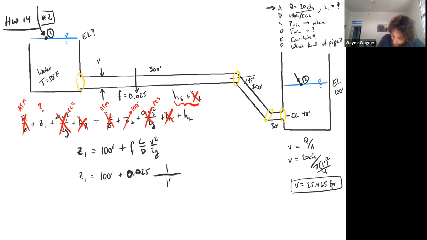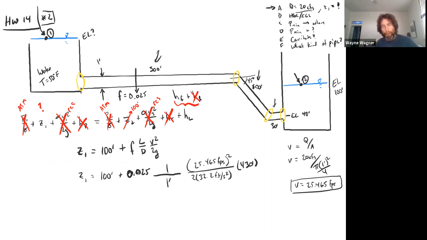The V squared is going to be 25.465 feet per second squared over 2 times g, which is 32.2 feet per second squared. And then I'm going to put this L out front. L is the total, 300 plus 100 plus 30, so that's 430 feet.